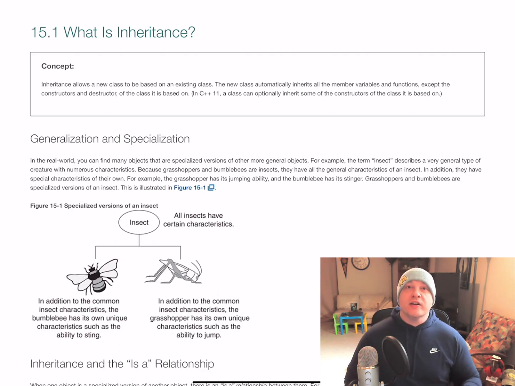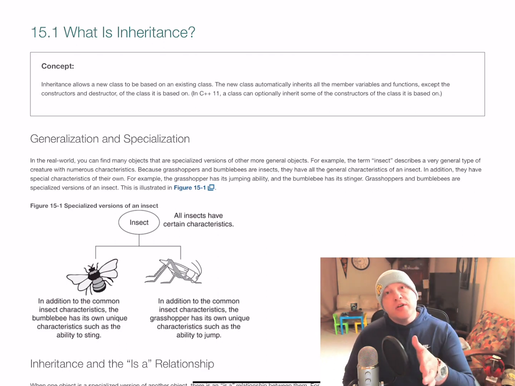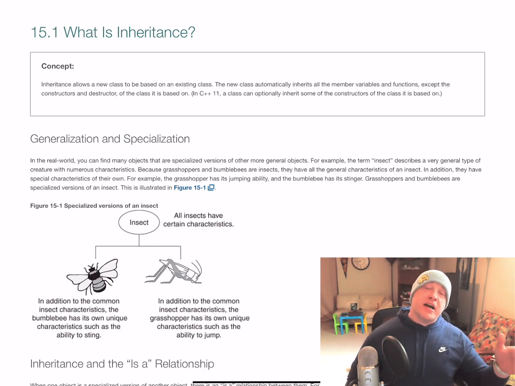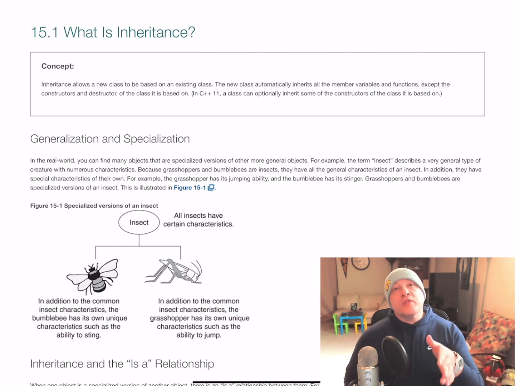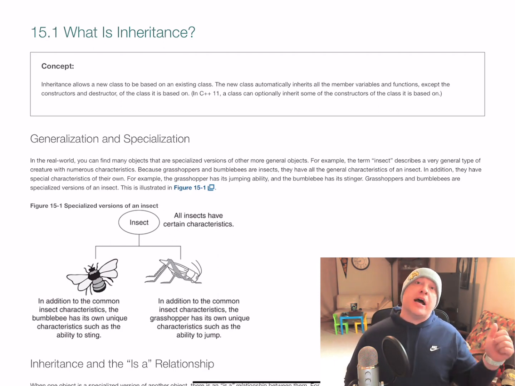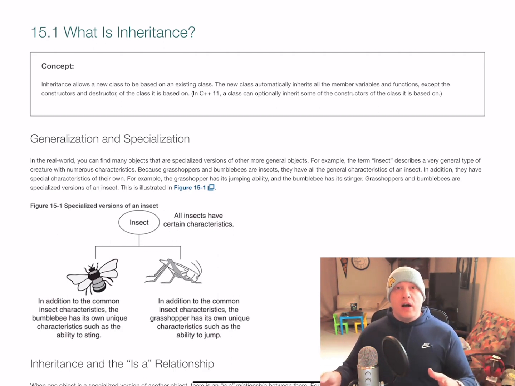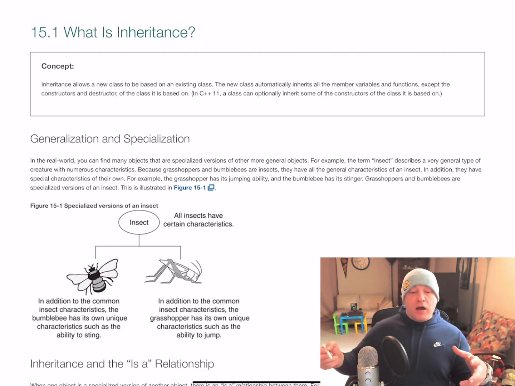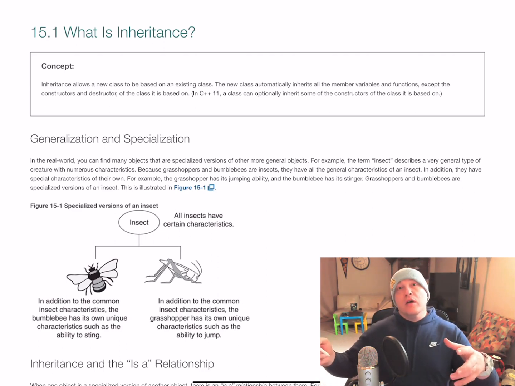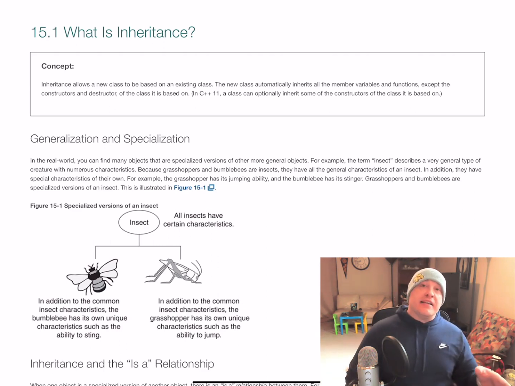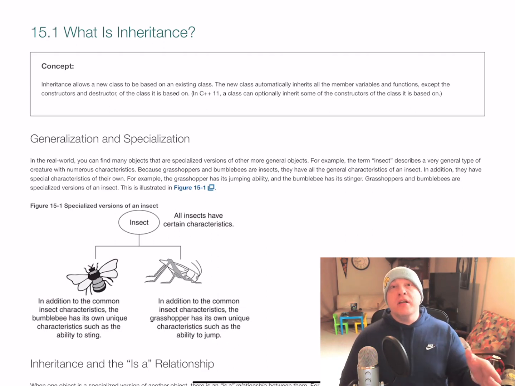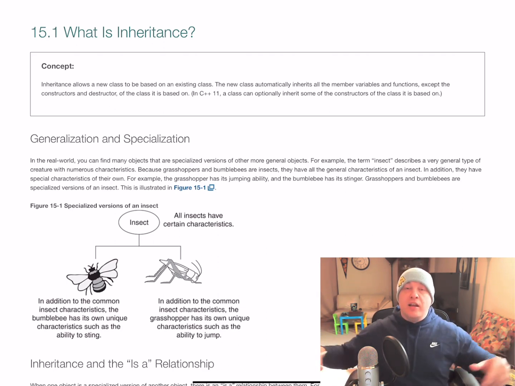Really, what we're looking at here is the idea of generalization versus specialization. When we first saw the aggregation of classes in chapter 14, what we saw was a means for providing access to a class's functions, a means for providing access to variable members, but we still kept them separate and apart from one another.